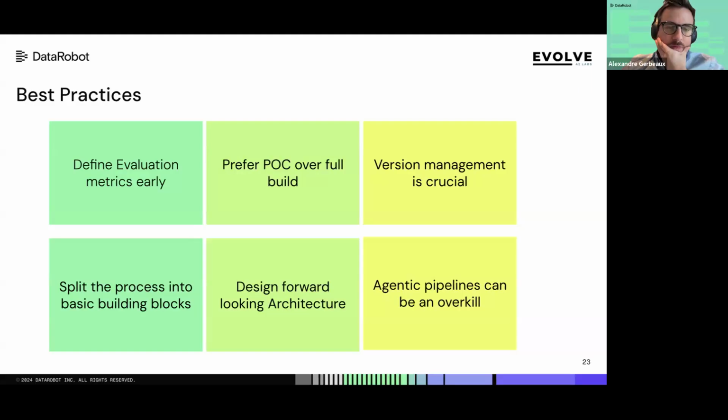Okay, interesting. So some of the best practices that we think everyone should follow: define evaluation metrics early. Evaluation metrics will allow you to validate the solution. If these evaluation metrics are business metrics, all the better.